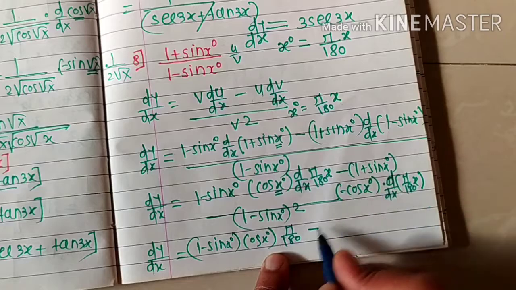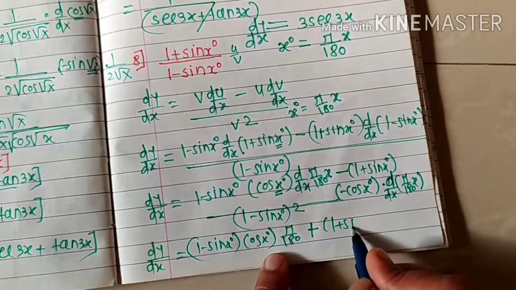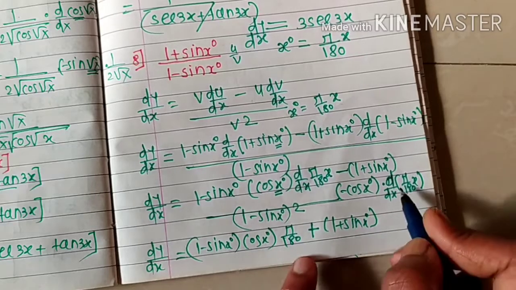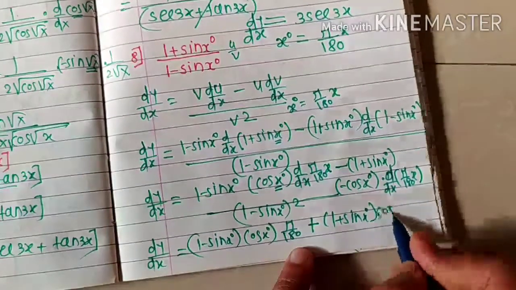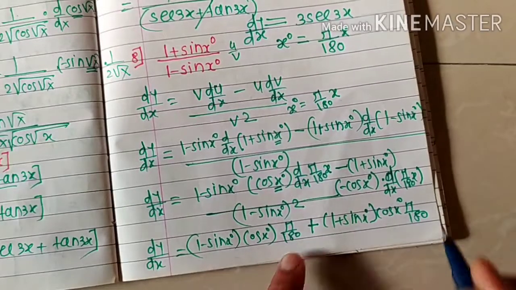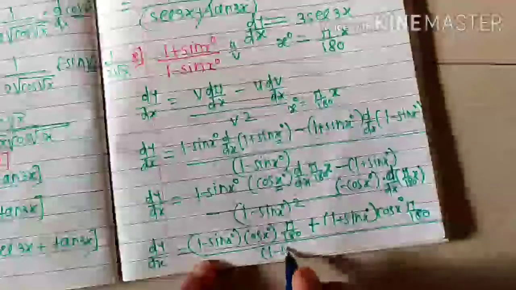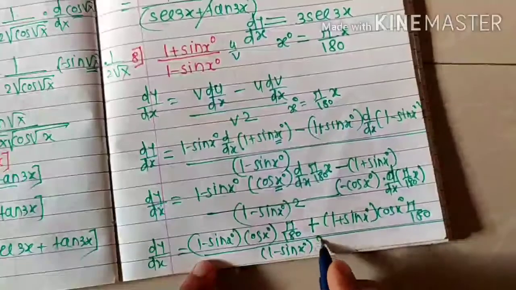This minus becomes plus, so this is multiplicative to this: then (1 plus sin x degree) into cos x degree, and this is pi by 180, divided by (1 minus sin x degree) raised to 2.